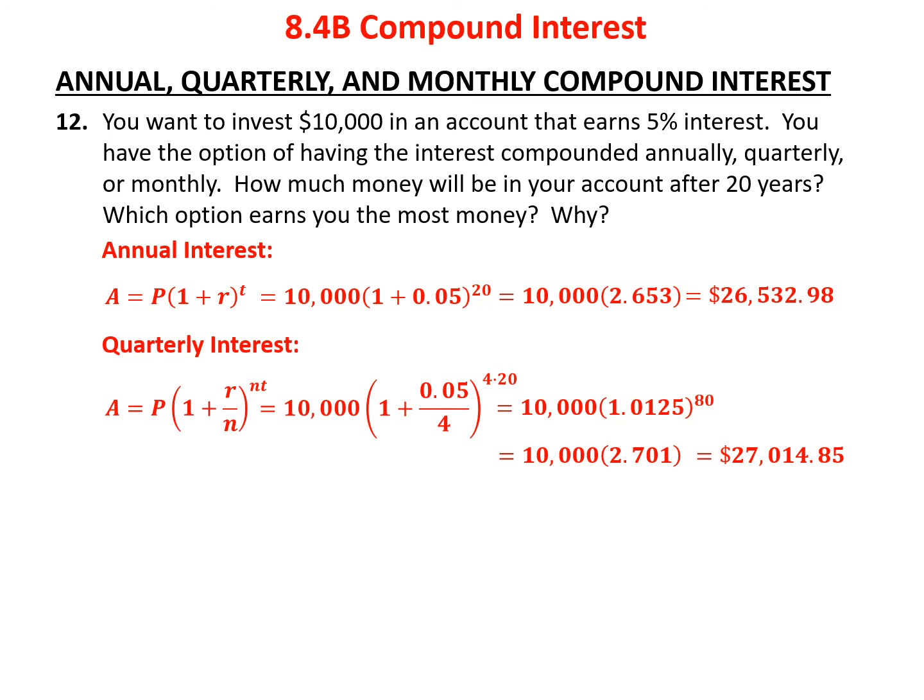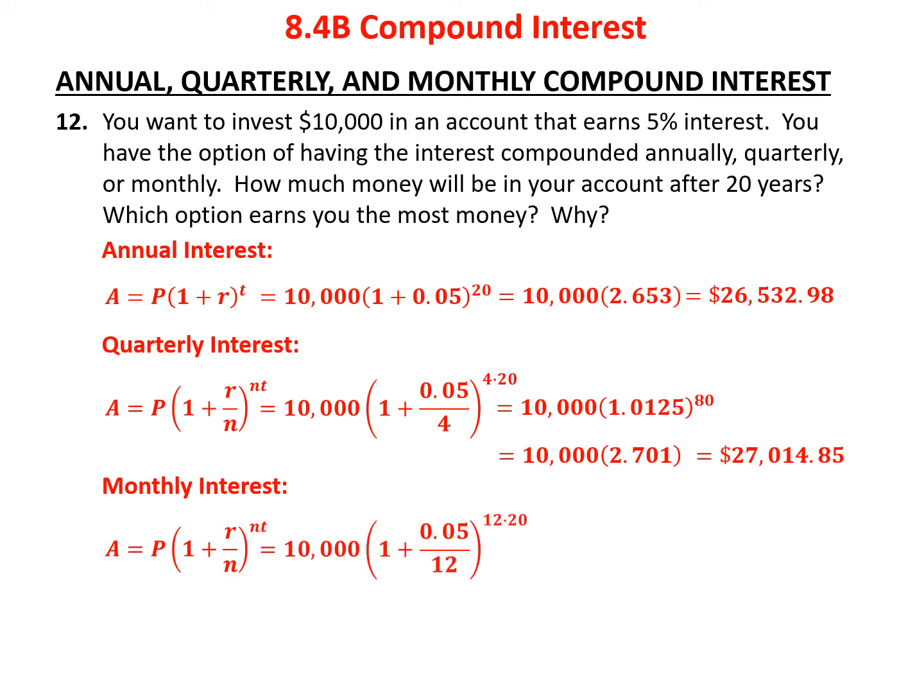So you can see by doing it quarterly, we ended up earning $500 more than if we did it annually. You can see a pattern here. What do you think if they do it monthly is going to be? 12 times. So we put in 5% over 12, 12 times a year, 12 times 20. And as we do the calculation, notice that now we've gone up another $100 from that.